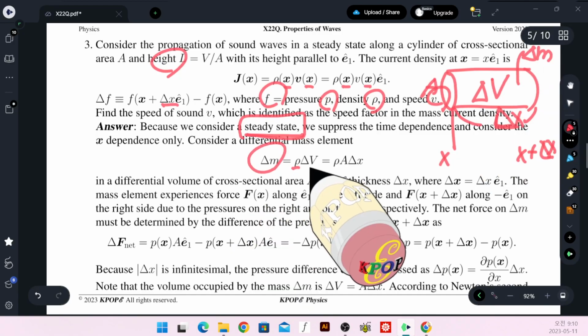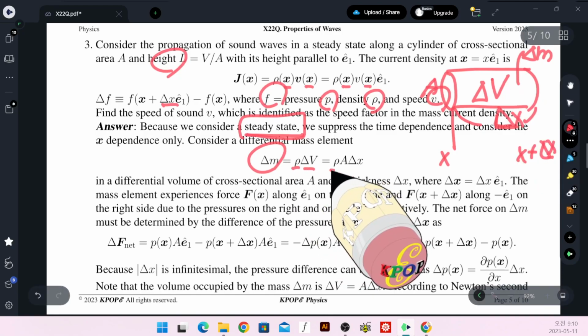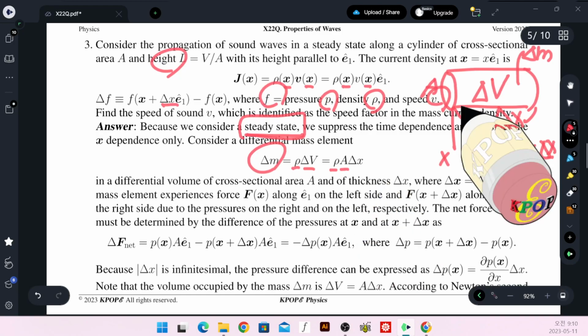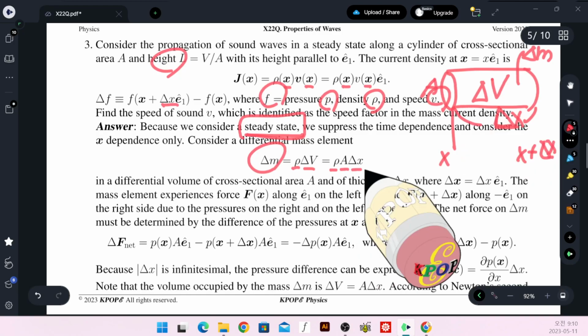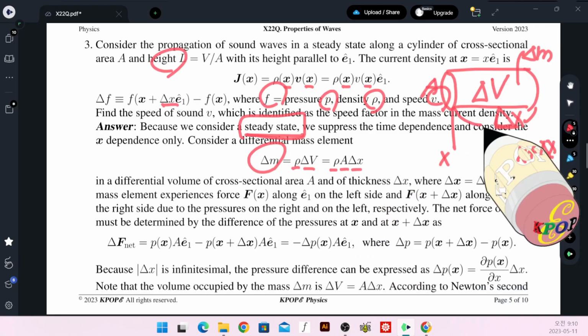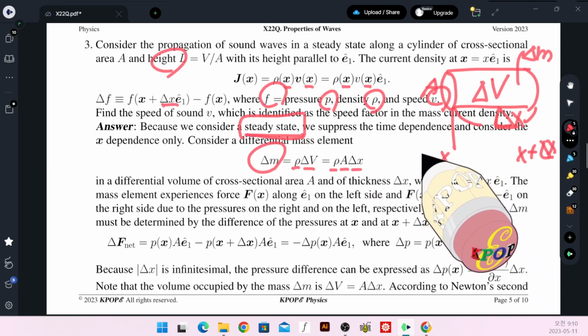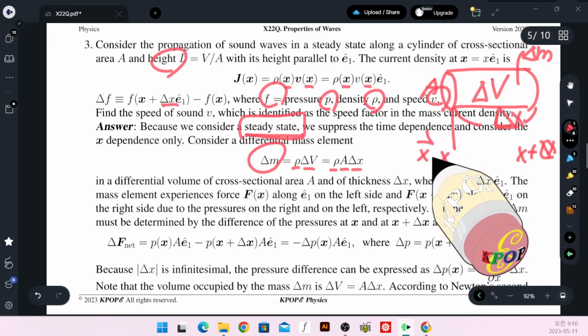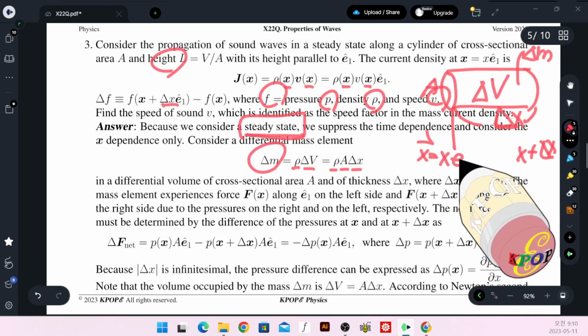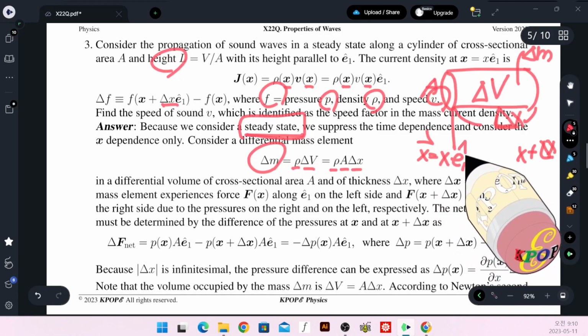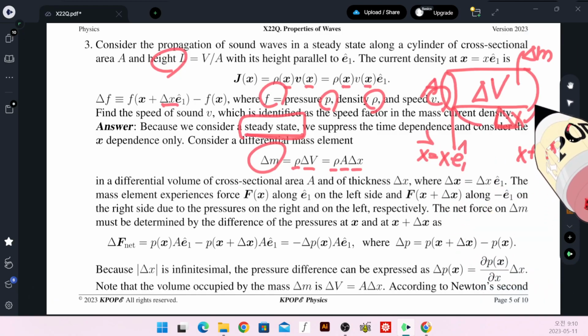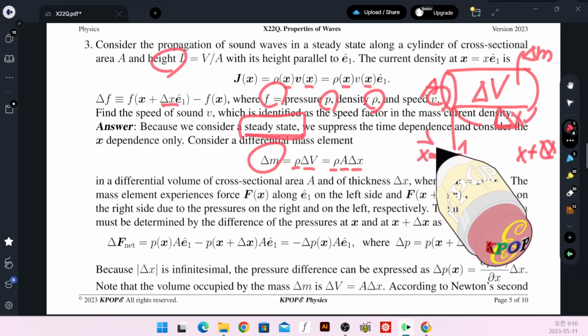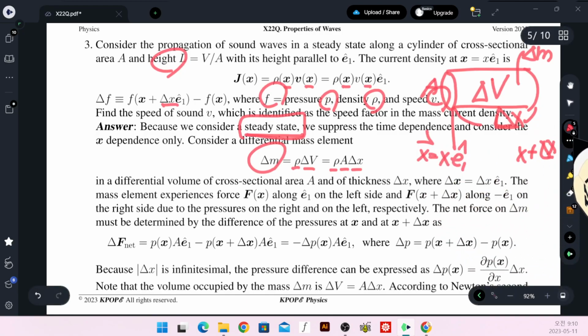Mass is the density times a volume. And this volume is cross-sectional area times width, that is delta x. That's fine. And then we identify this position vector to be x, a real number, times e1 hat. And this point is x plus delta x vector, something like that.